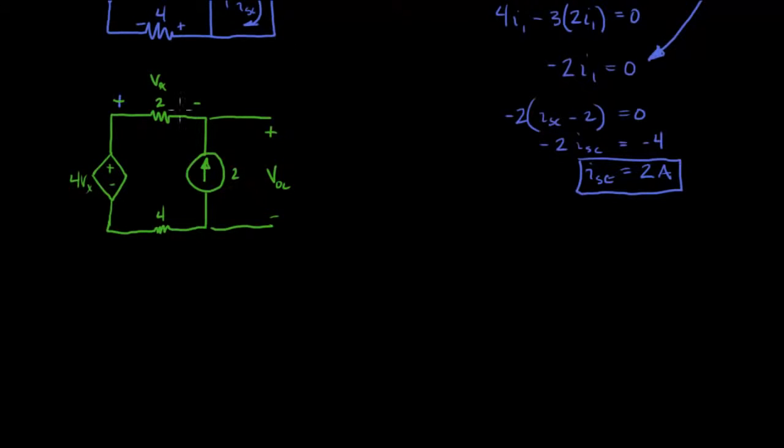To calculate the open circuit voltage, let's do a KVL equation around the outside and see what that gives us. The reason for doing that is that it's going to allow us to equate VOC to something in the outer loop.